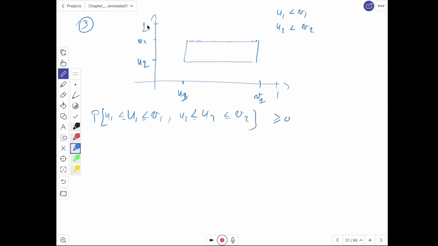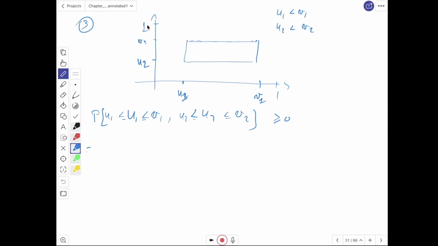If U1 is smaller than V1, U2 is smaller than V2, you have this box which has a positive surface, so there should be 0 or positive probability to end up inside this box. You cannot have a negative probability there, right? Okay, but let's rewrite this probability here.